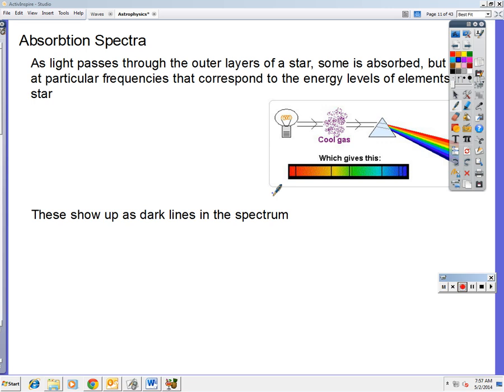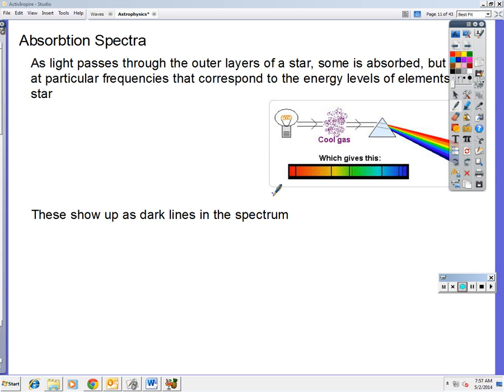But it turns out the spectrum is even more interesting than that, because light passes through the outer layers of a star, we call that the corona. Some of it is absorbed by the hydrogen and the helium and other elements, specifically by the electrons in those elements, as it leaves.